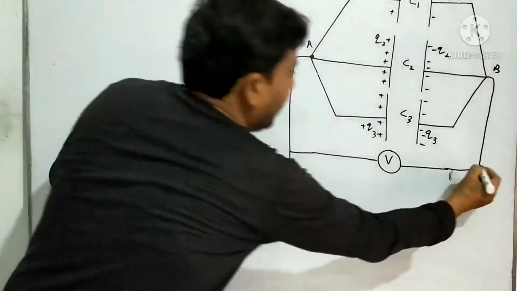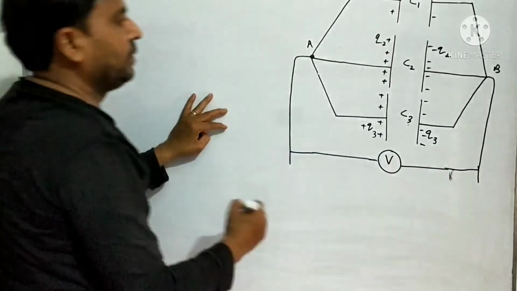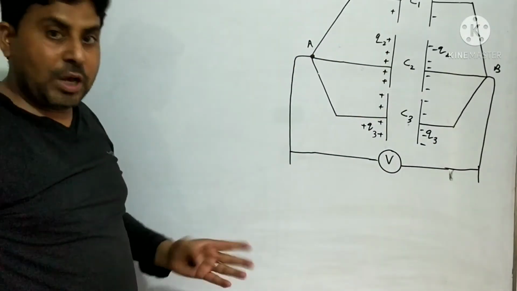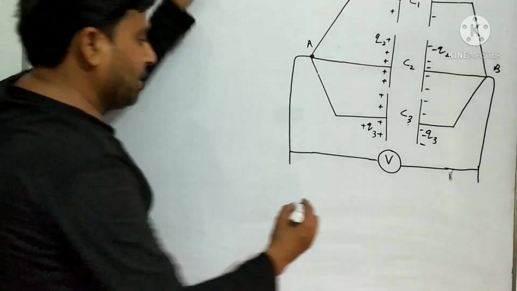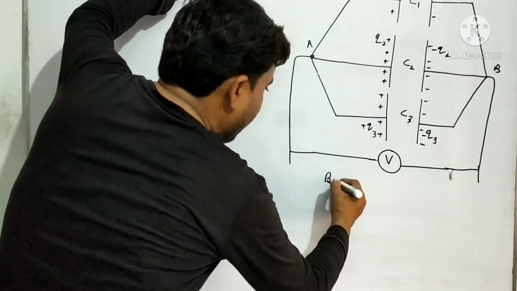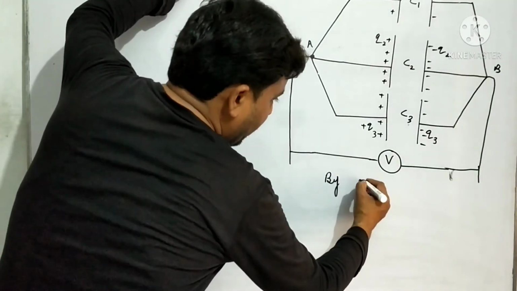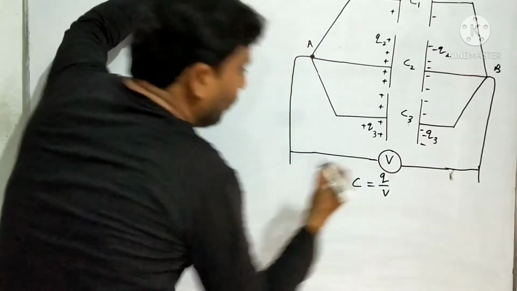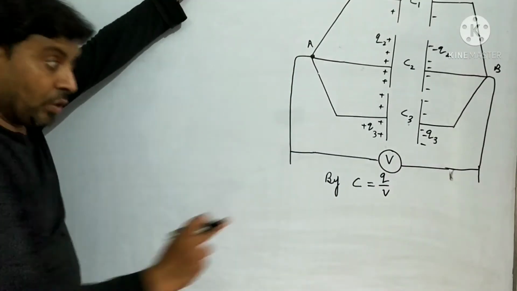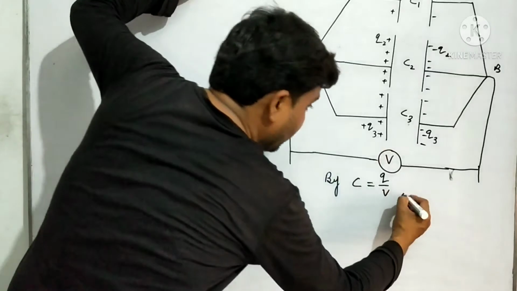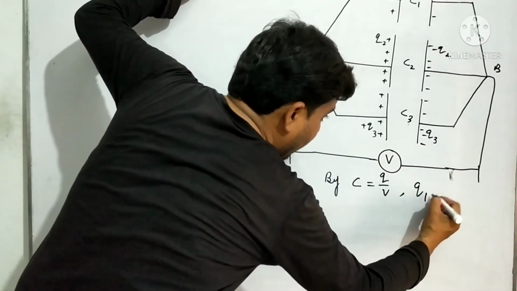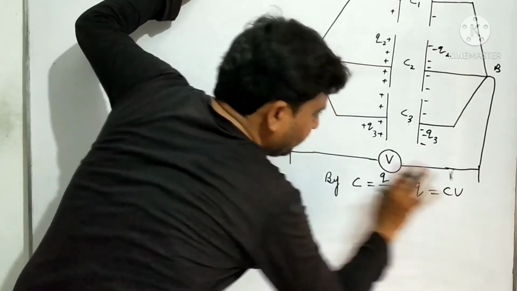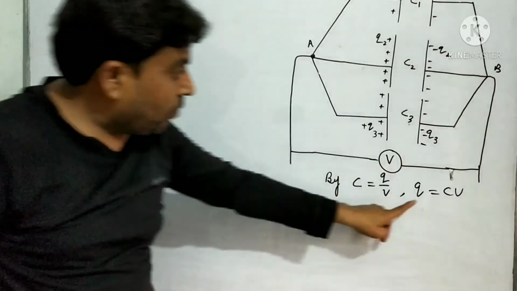Yes, it is the total potential across A and B. Now start from the definition. By definition, C equals Q over V. Now V remains the same, so Q equals CV.